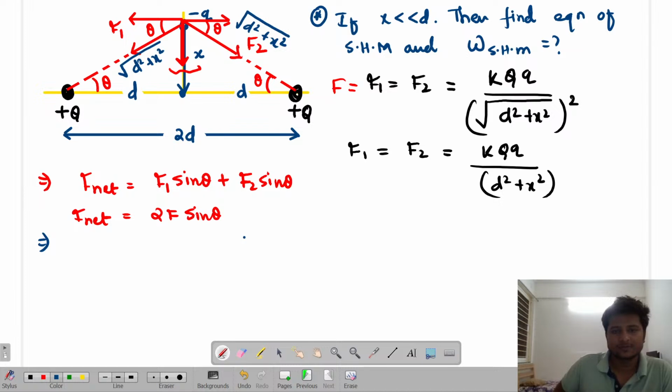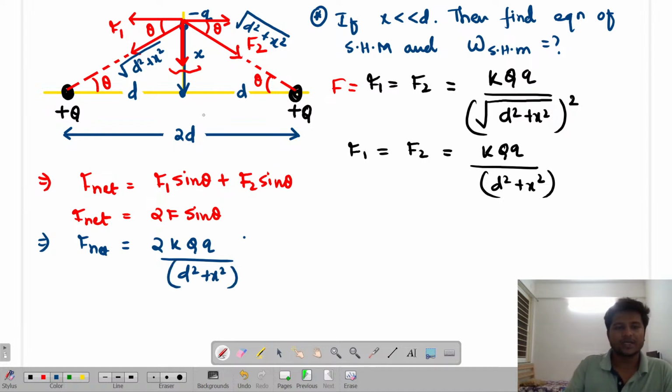इतना तो clear है? So now F net is how much? F net is exactly equal to twice k capital Q small q divided by d square plus x square. और sin theta क्या है? Sin theta is perpendicular by hypotenuse, so x over the hypotenuse.